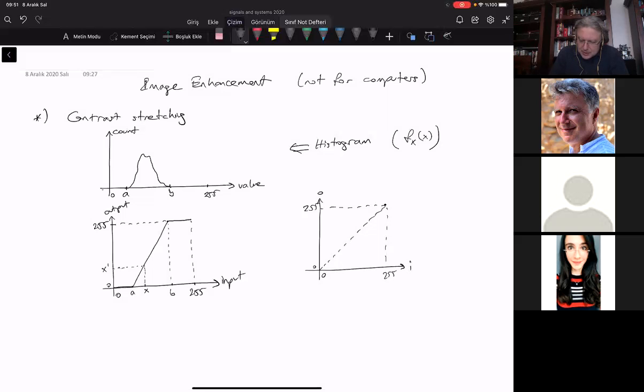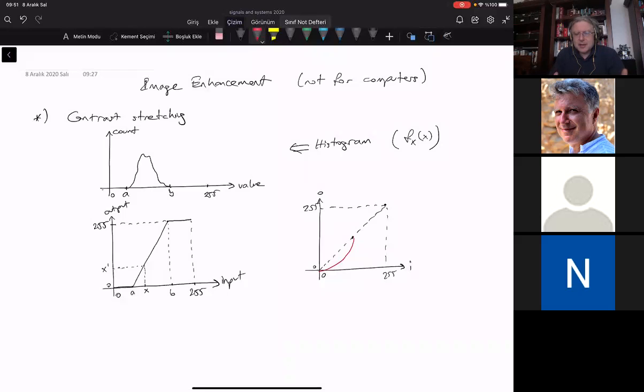If to the center of it, it stays below like this, it makes dark portions, the lower gray values, become even lower. So in a sense, it's increasing the contrast in the dark sides.